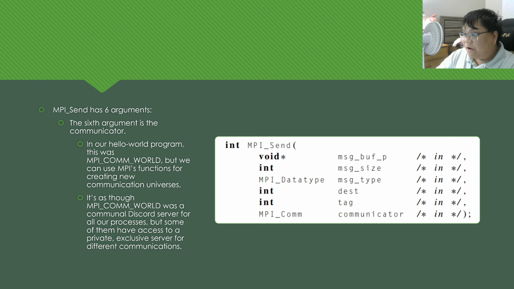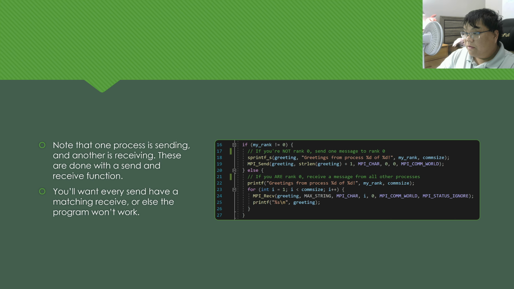If you look at our code here, we have multiple processes doing a single send each. And process 0 is running this for loop that contains MPI receive inside of it.